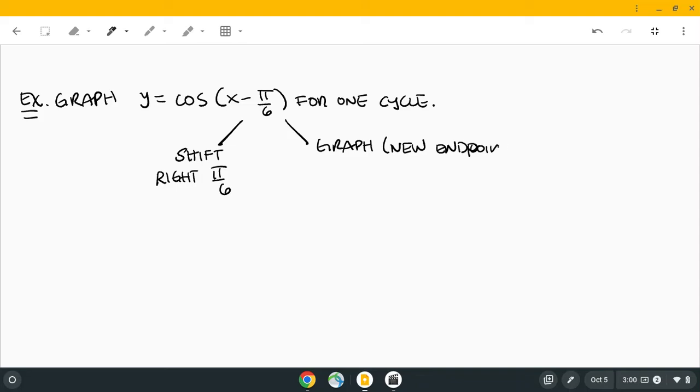And so we need to solve. We know we get 1 full cycle of cosine between 0 and 2 pi, but because we're messing around with the angle, our endpoints will change. So add pi over 6 to all 3 parts.